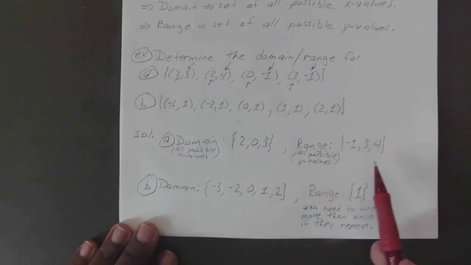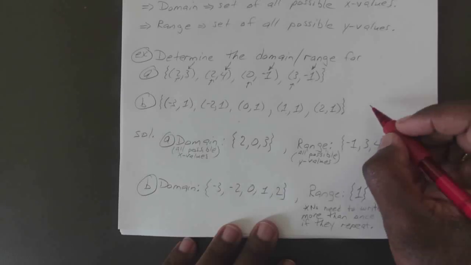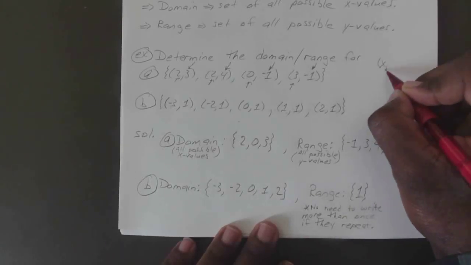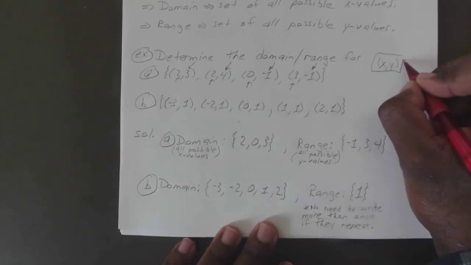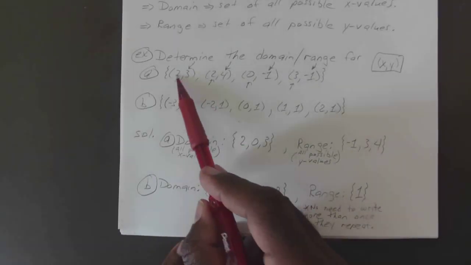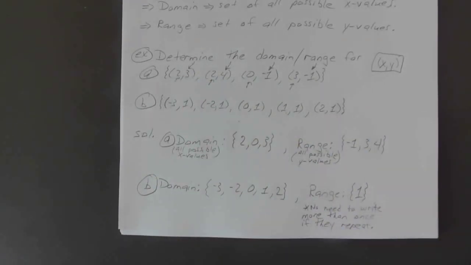All you have to do is list all the y values that appear, because it's always going to be in the form x comma y. So you have all your x and all your y values. Once you list them all there, that's your range. Any other questions on this one?